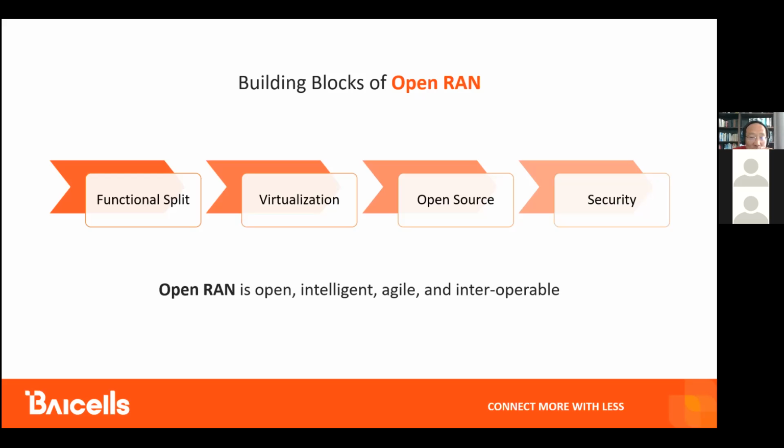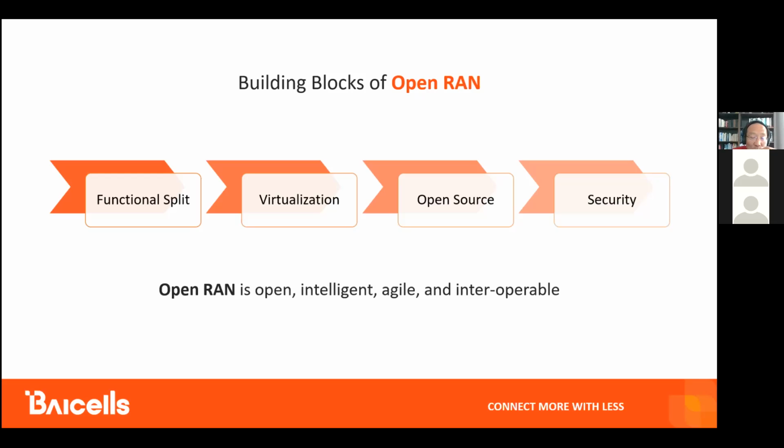And the second tool is virtualization. By virtualizing your software functions, you can decouple your software from the hardware, and that can further lower the cost of your RAN network.